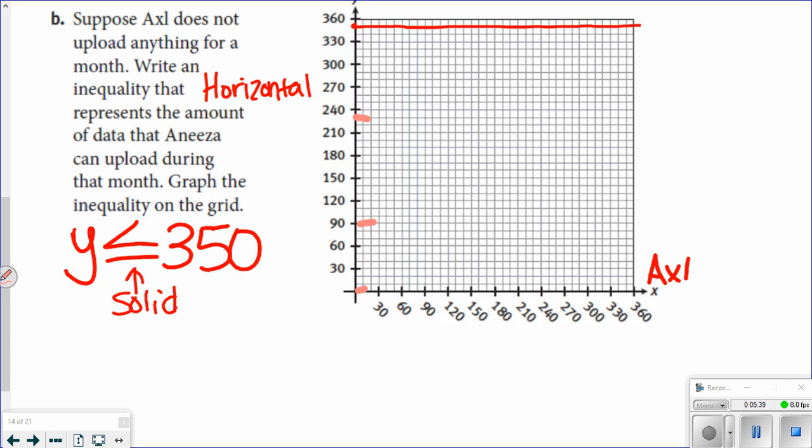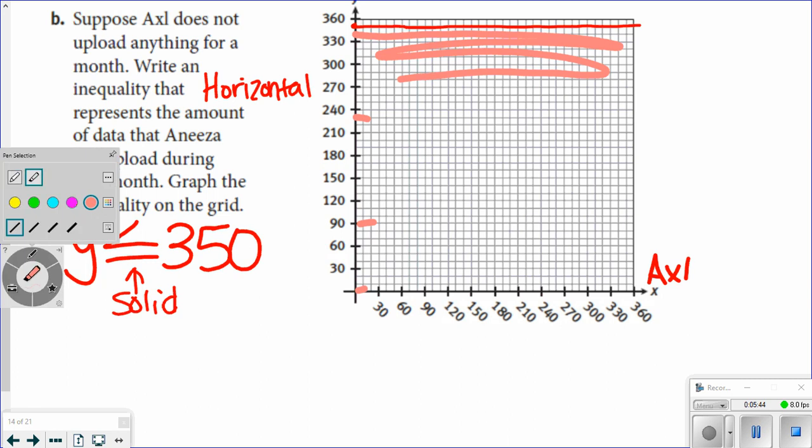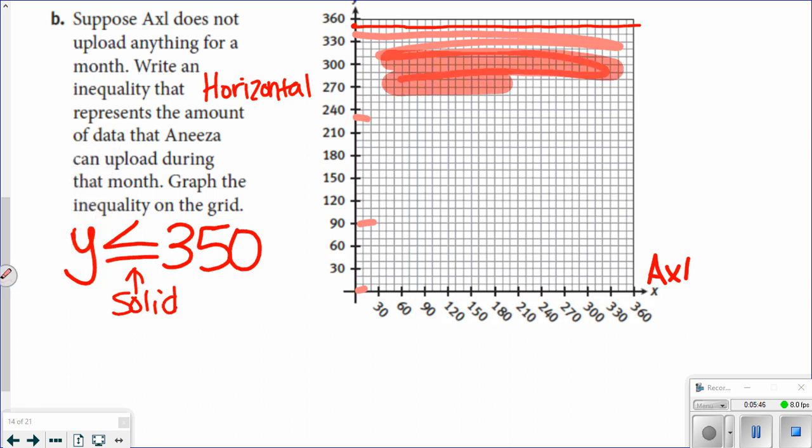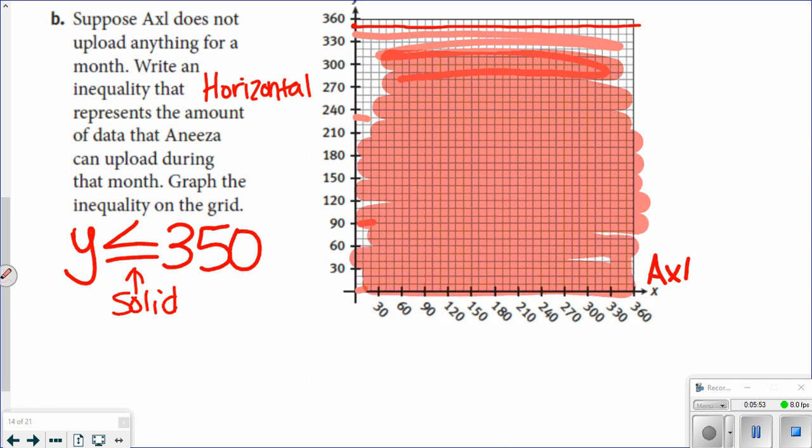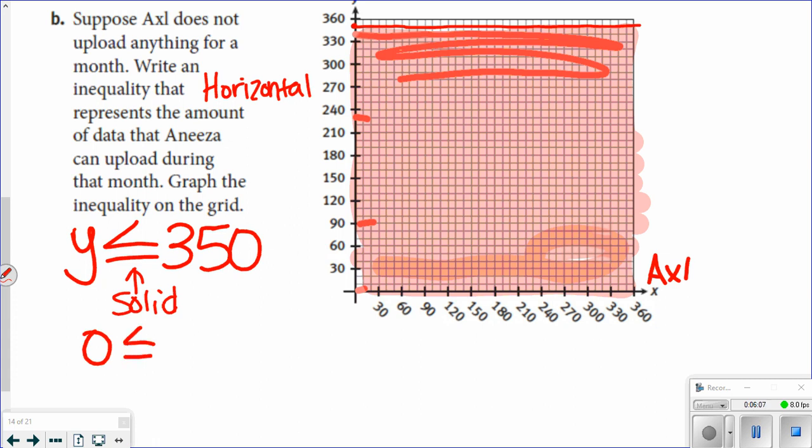So we are going to shade everything below this line. So almost the entire graph. And again, if you wanted to, you could plug in 0. And this was a true statement, so we're shading to include 0.